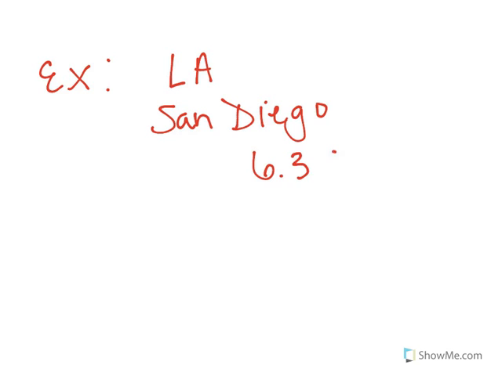if we look at a map and let's say we are going to California and we want to know the distance between Los Angeles, I'm going to say LA for short, and San Diego. Let's say we pull out a map and we see that the distance between them is 6 and 3,500ths centimeters.